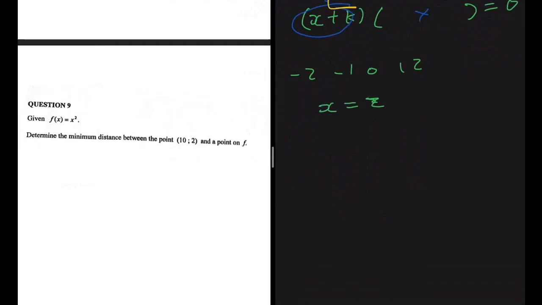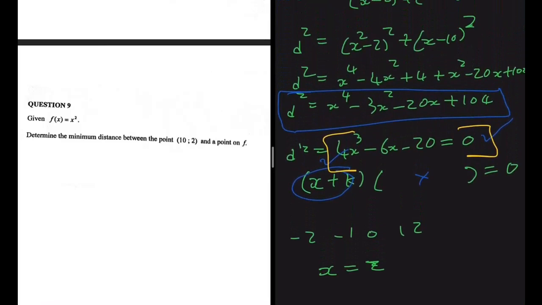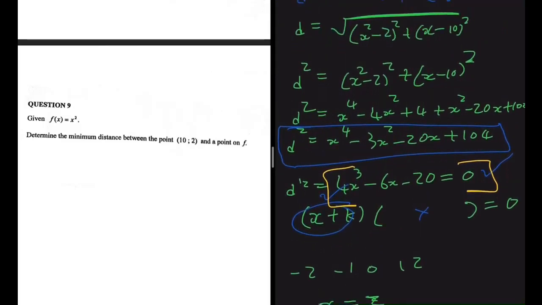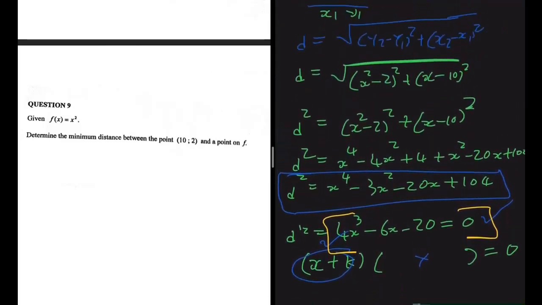But the good part about all of this is that we can actually verify and see if we get our minimum when x is equal to 2, right? We can substitute x equals 2 in this distance formula that we started with. And then we can substitute 2.1 and substitute 1.9, right?